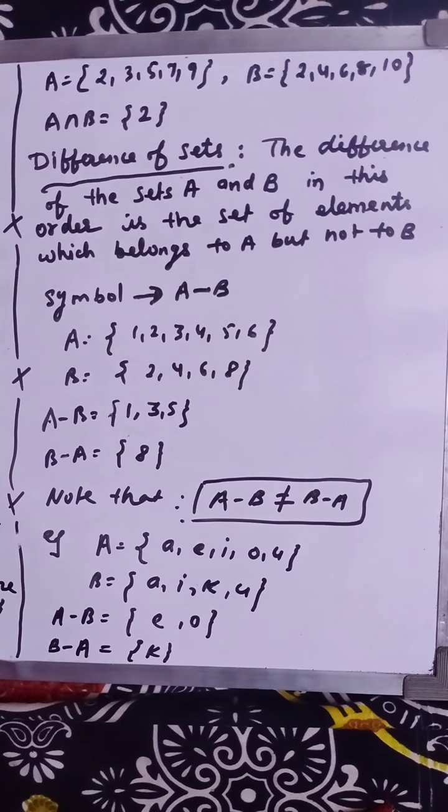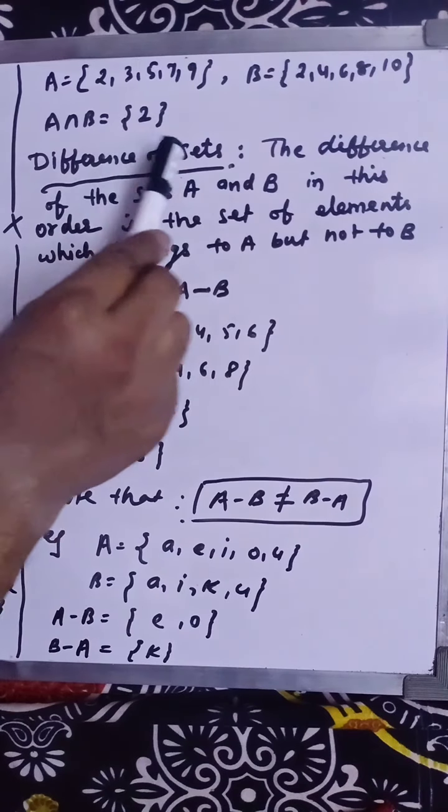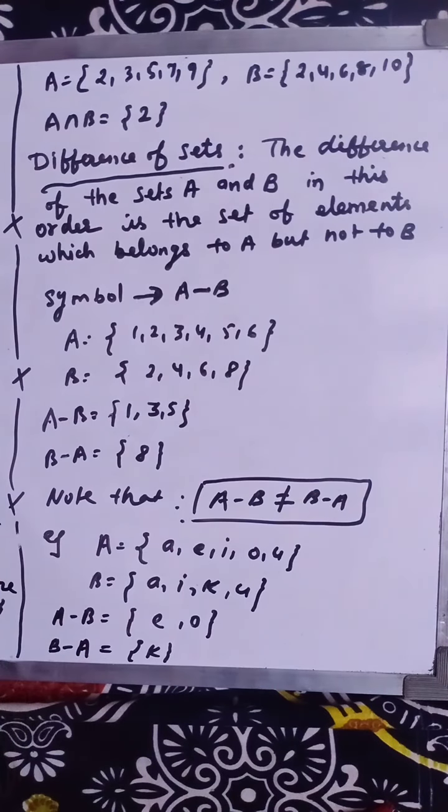Now, the difference of two sets. Here we are going to study how we can find the difference between two sets. The symbol is A minus B. Here you have to focus on the order of the sets.